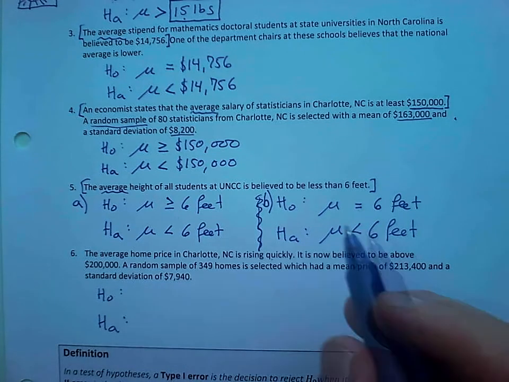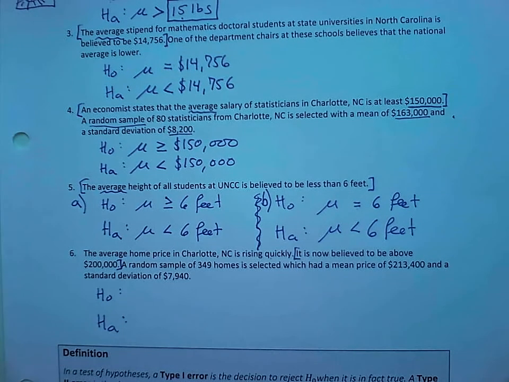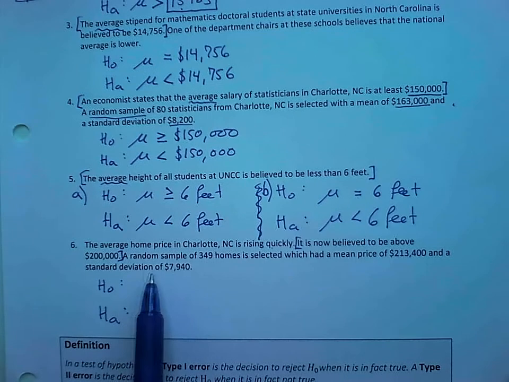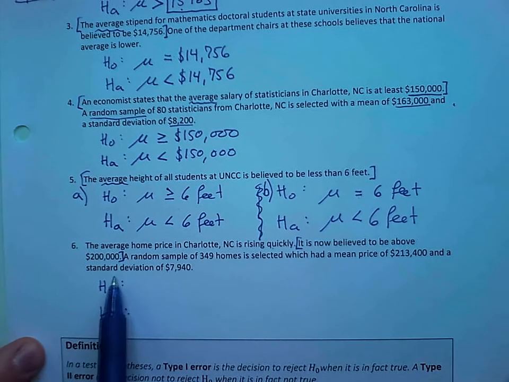That doesn't contain equality, but we'll keep this one in mind for our alternative hypothesis. And here, a random sample of 349 homes has this mean and this standard deviation. Here we're again talking about a sample, so we cannot use this statement for our hypothesis because our hypothesis only talks about parameters. So we do not have a statement which contains equality.